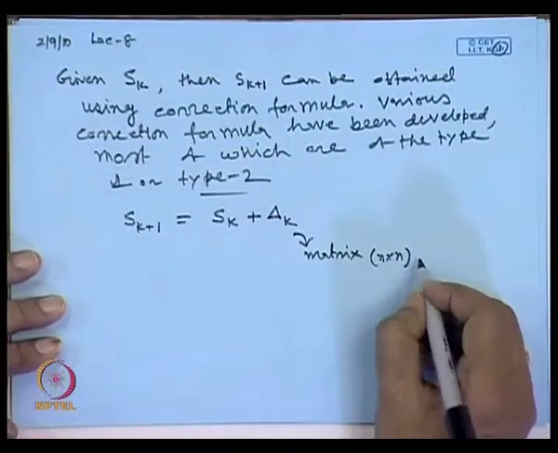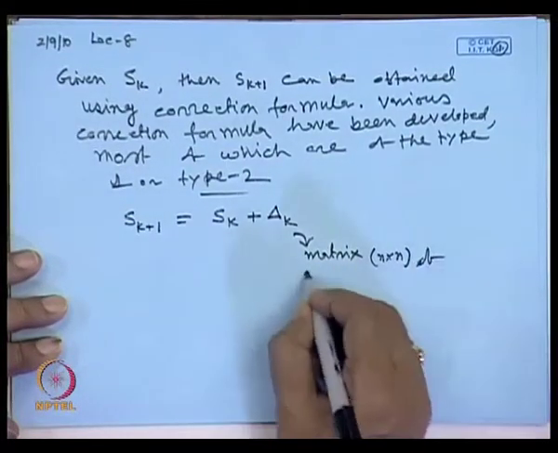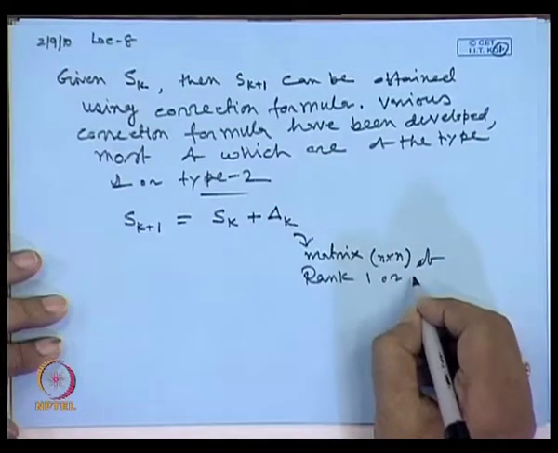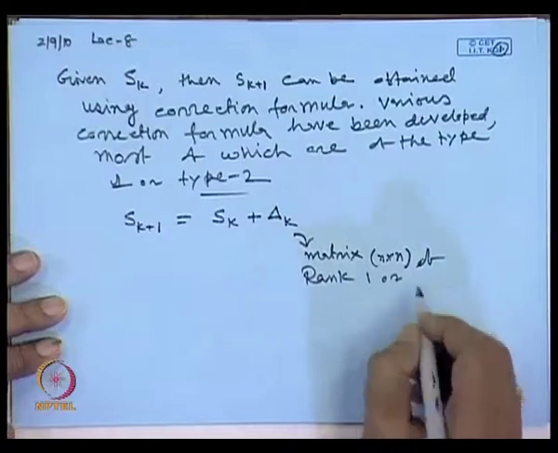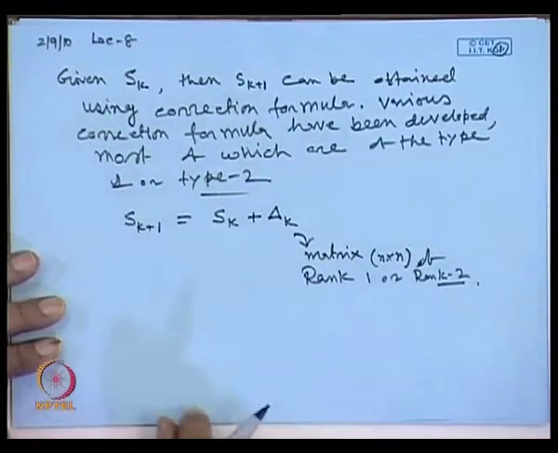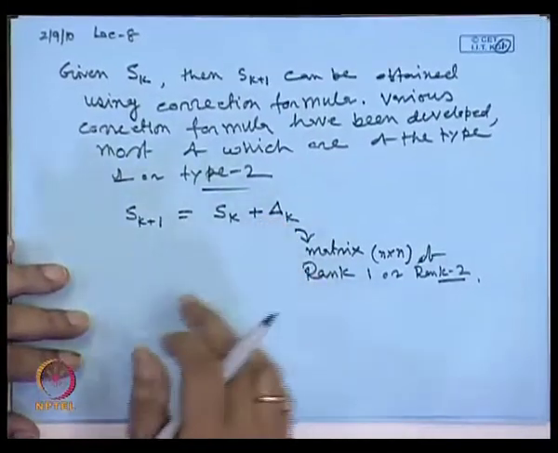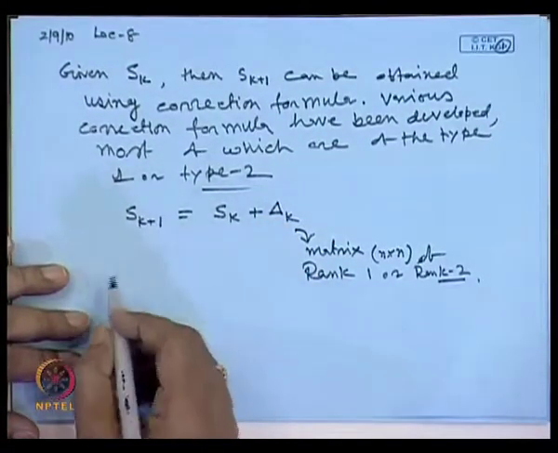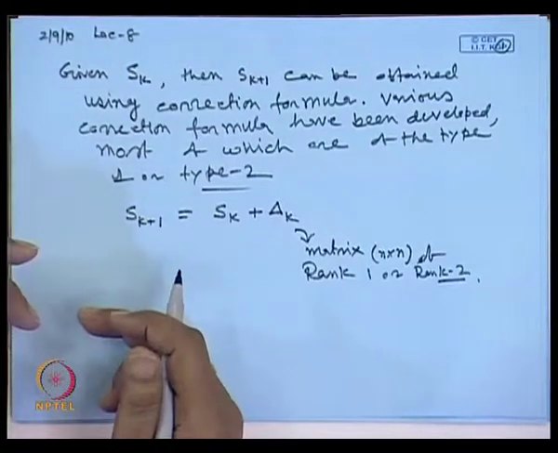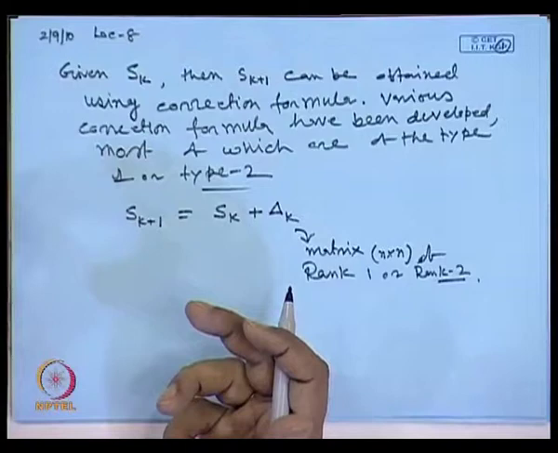So, that matrix of rank 1 or rank 2. The simplest choice of delta k one can take is the outer product of any two vectors, which is not a null vector.